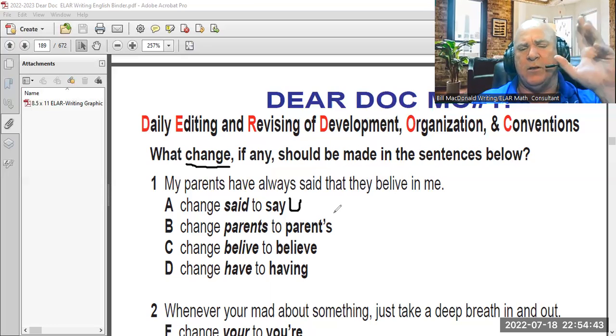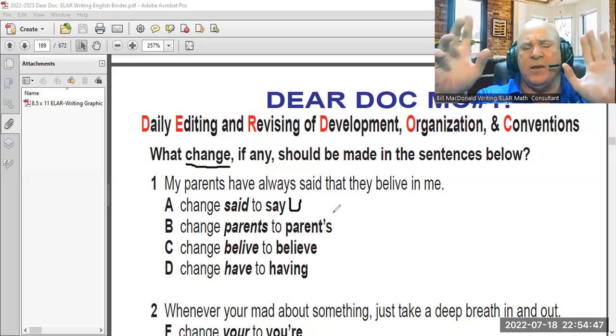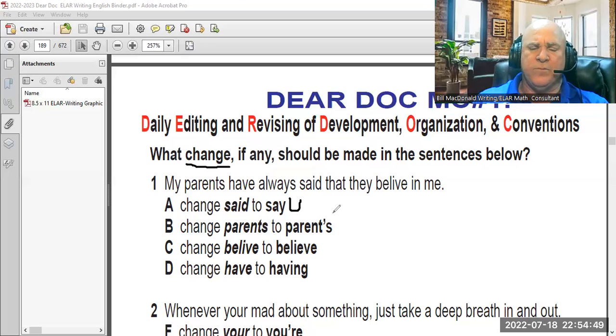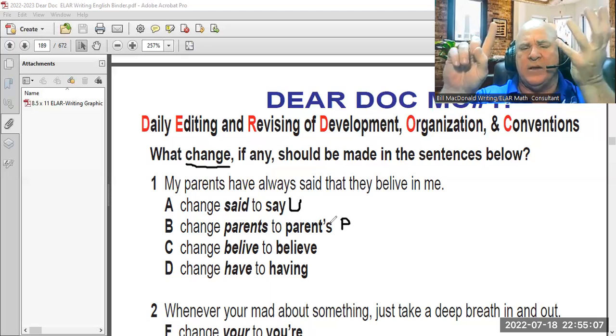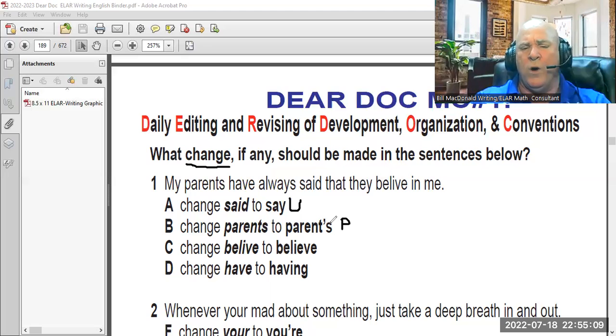Change parents, plural, to parents, apostrophe S. And I'm going to say that because, yes, it could be usage, but because the correct answer supposedly involves punctuation, it's a punctuation mistake if I have to put an apostrophe S, singular possessive, that it belongs to one parent.